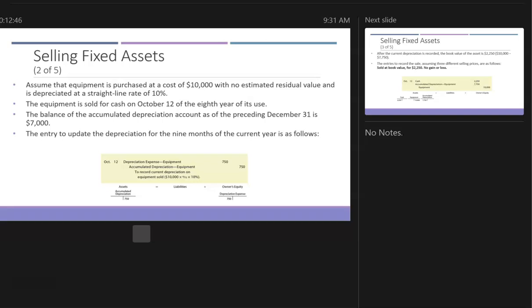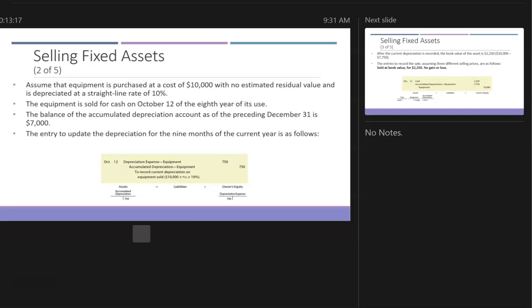Assume the equipment is purchased at a cost of $10,000 with no estimated residual value, and it's depreciated at a straight line rate of 10%. The equipment is sold for cash on October 12th of the 8th year of its use. The balance of the accumulated depreciation account as of the preceding December 31st is $7,000.